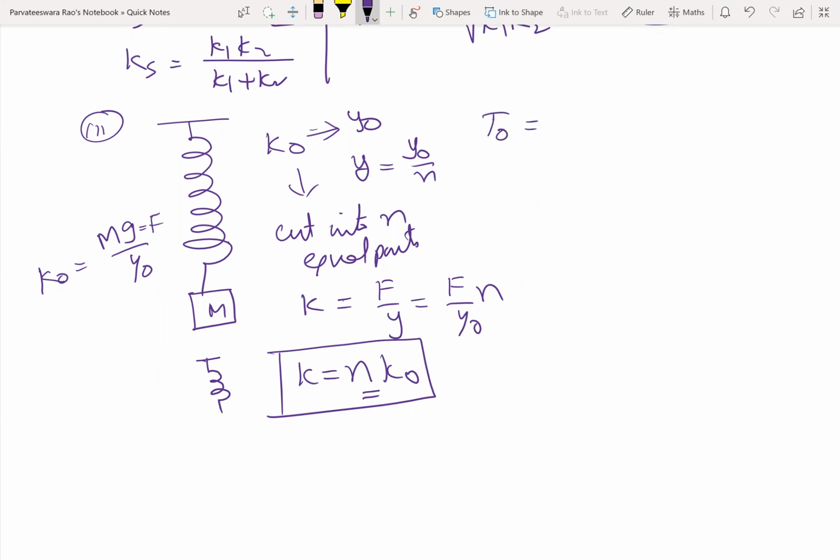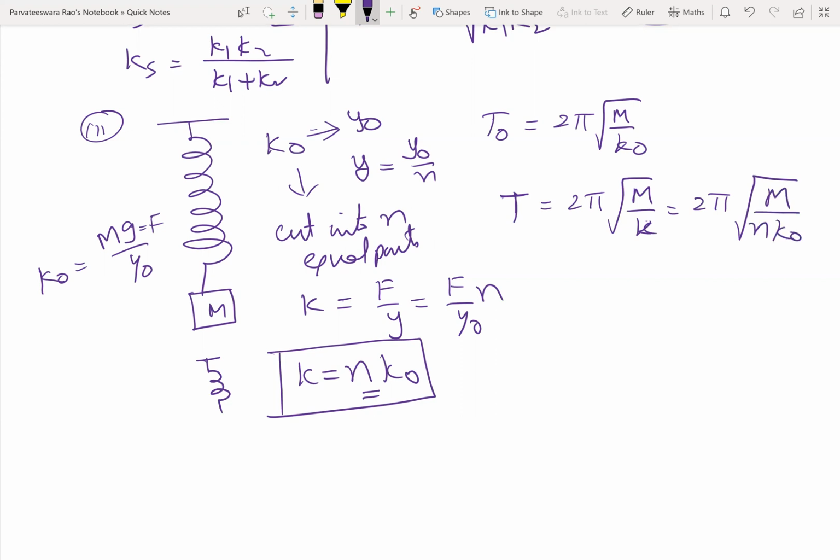So the time period with the given spring is 2 pi root of m by k naught. Time period with one of these parts is 2 pi root of m by k, that is 2 pi root of m by n into k naught. So what will happen? T naught by root n, which is less than T naught.